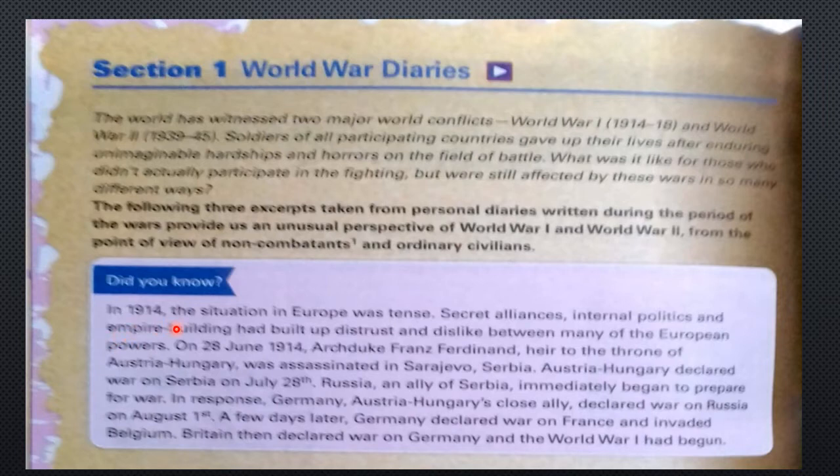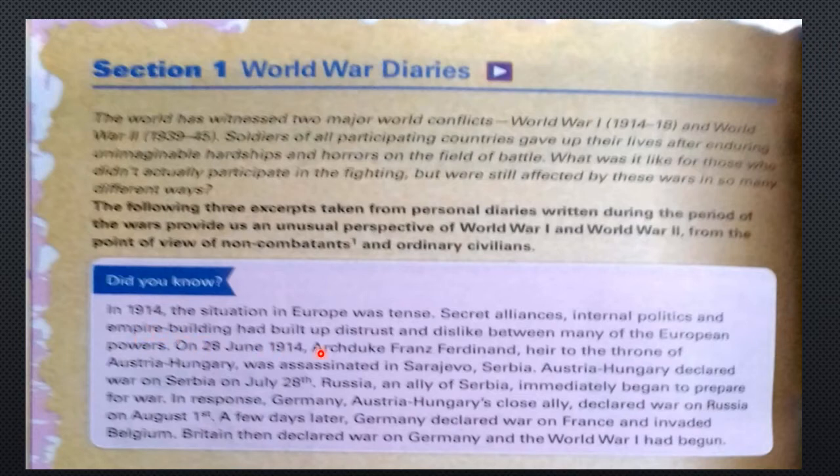In 1914, the situation in Europe was tense. It was very much tense. What caused this disturbance? You can understand: secret alliances between different countries, internal politics, and empire building. It's a part of that imperialism, which was run by the European powers.